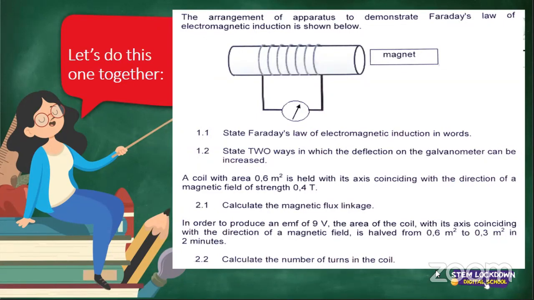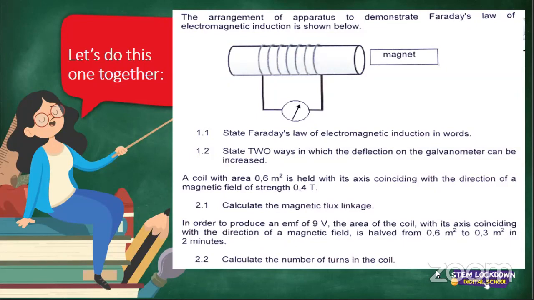Right. And then a coil with an area of 0.6 square meters is held with its axis coinciding with the direction of the magnetic field of strength 0.4 Tesla. Calculate the magnetic flux linkage.